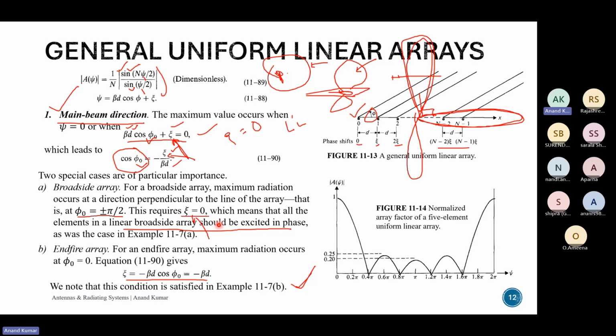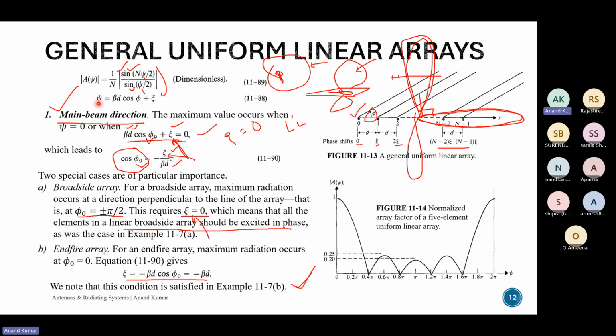Similarly for the end fire, it should be towards the array, like towards one of the ends of the array, which means the phi value should be 0. If we substitute phi equals 0 in 11.88, we get beta d, and psi equals 0 because that is the maximum.